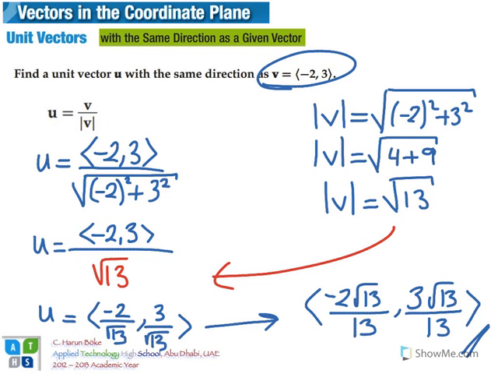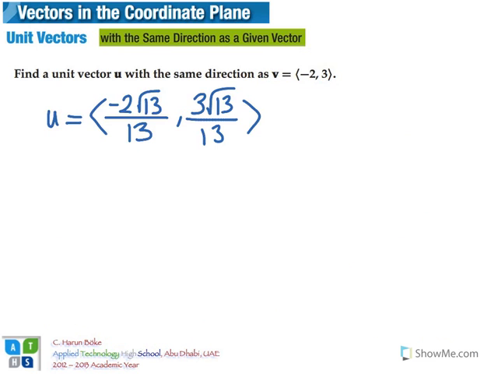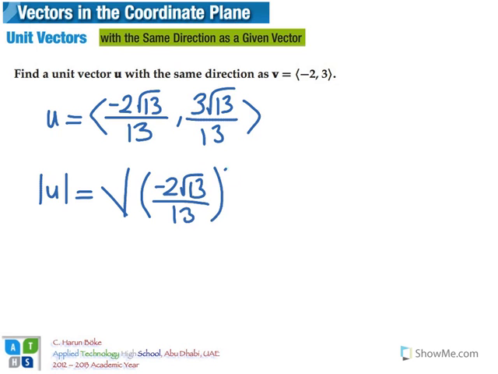Now it may not seem like a unit vector. Let's try to calculate its magnitude. If we have the magnitude 1, then it's a unit vector. So the magnitude of u is the square root of the square of -2 times root 13 over 13 plus the square of 3 root 13 over 13.